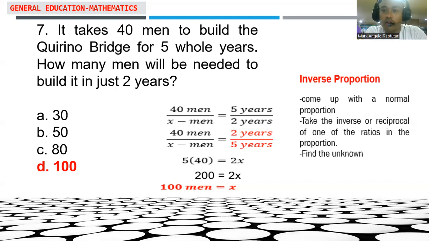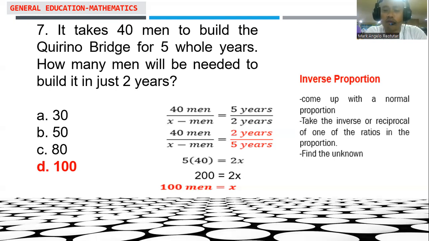So considering now the inverse of that original proportion, we will try to find the value of x. We'll try to find the number of men that will be needed to build the Quirino Bridge in just 2 years. So applying the cross multiplication process, we will come up with 200 that is equal to 2x.